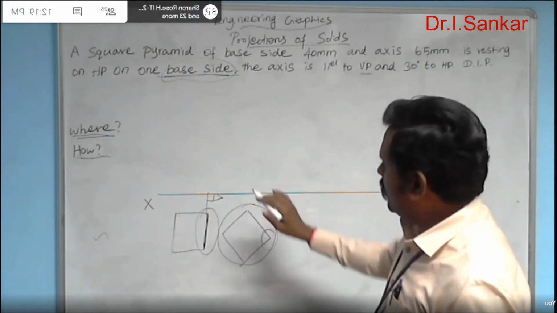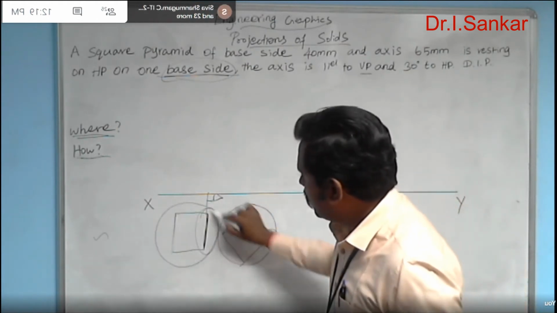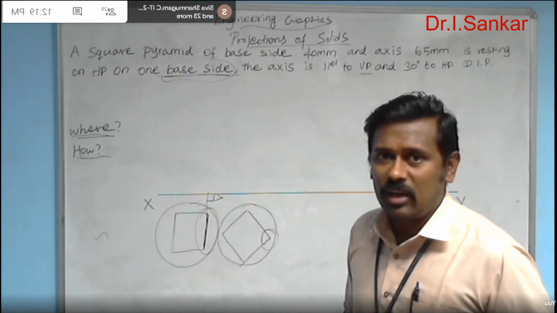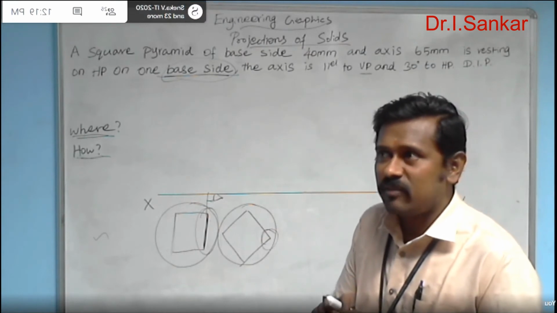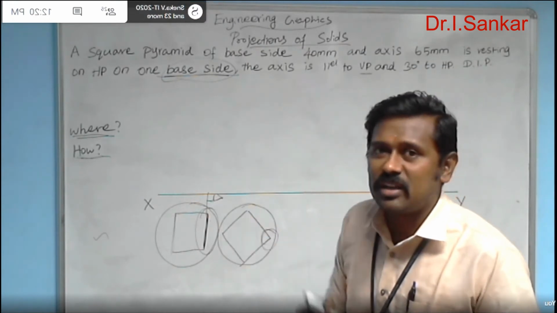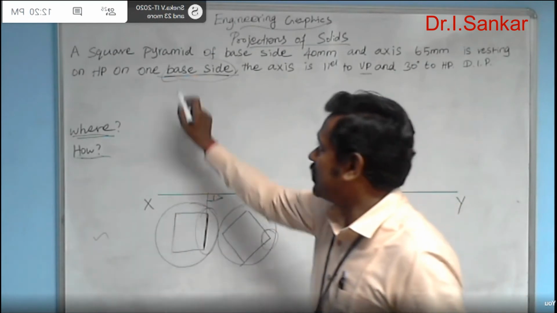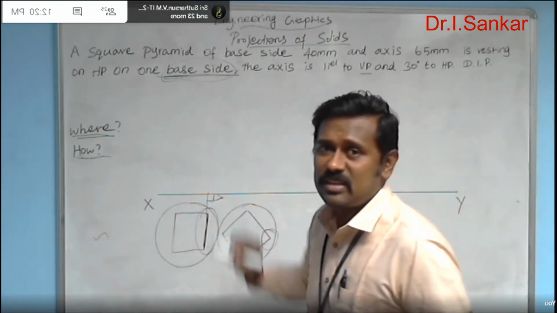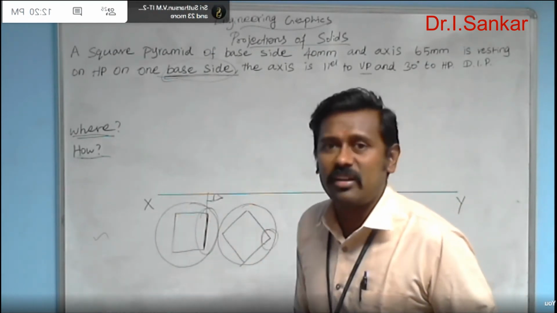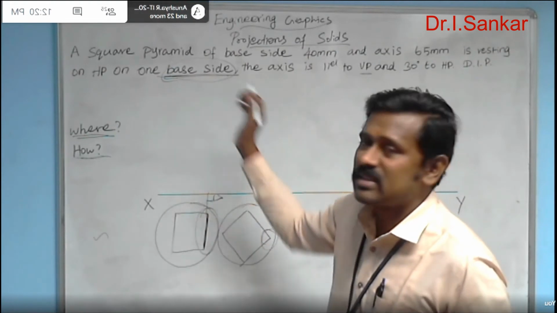So when you are going to draw the base view in the top view, you need to consider which type of resting condition is given for the solid, whether it is a base side resting condition or a base corner resting condition. Here it is base side resting condition.